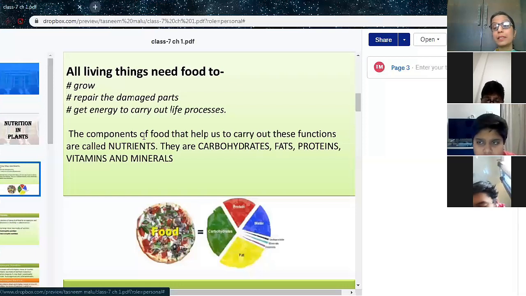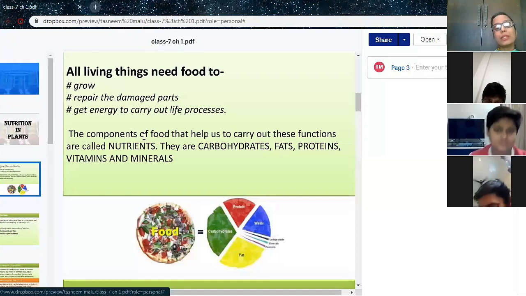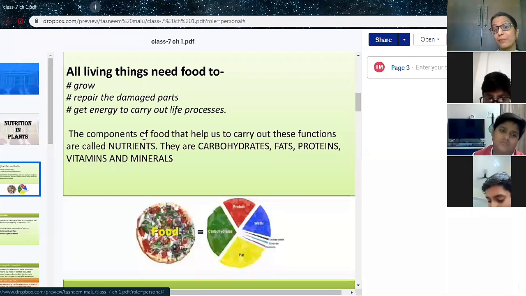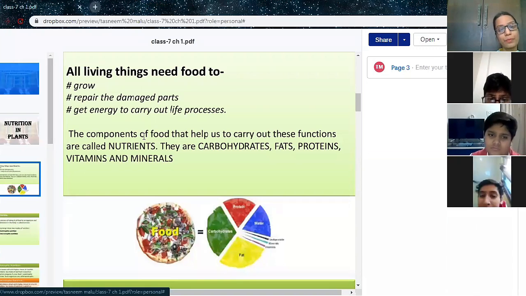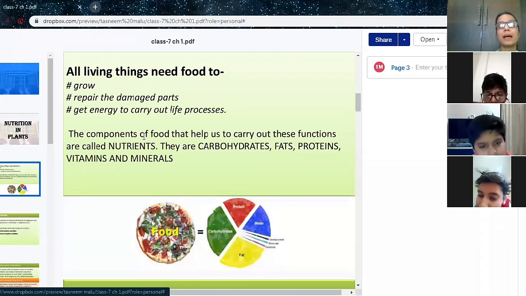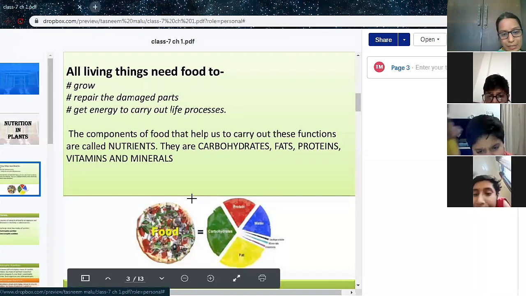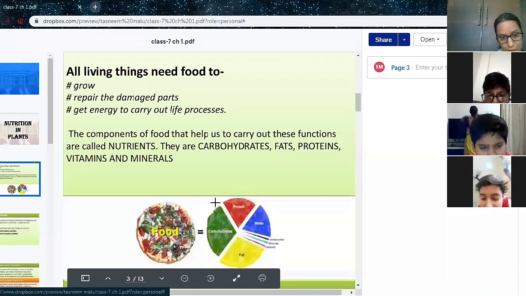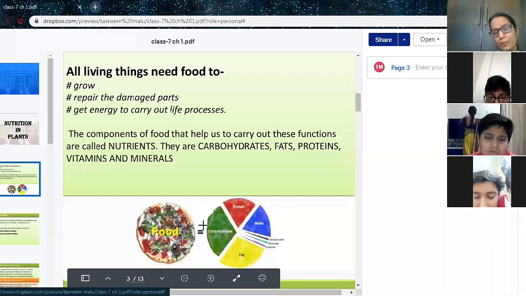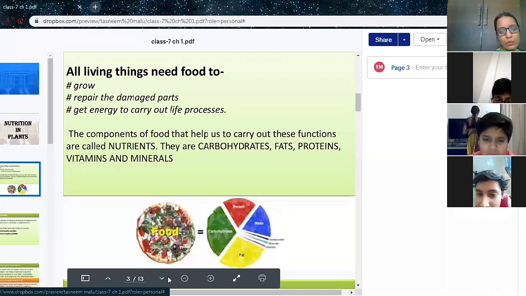Different nutrients present in our food are carbohydrates, fats, proteins, vitamins, and minerals. Carbohydrates and fats are energy-giving food. Proteins build our body. Vitamins and minerals are protective food. And this figure shows you the proportion of the nutrients required by our body.